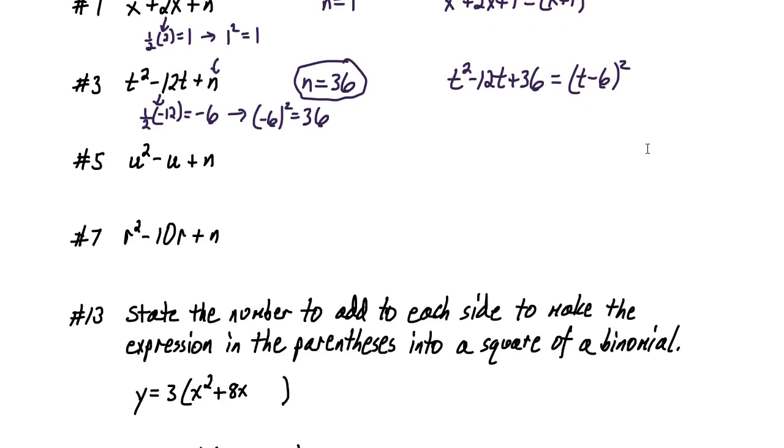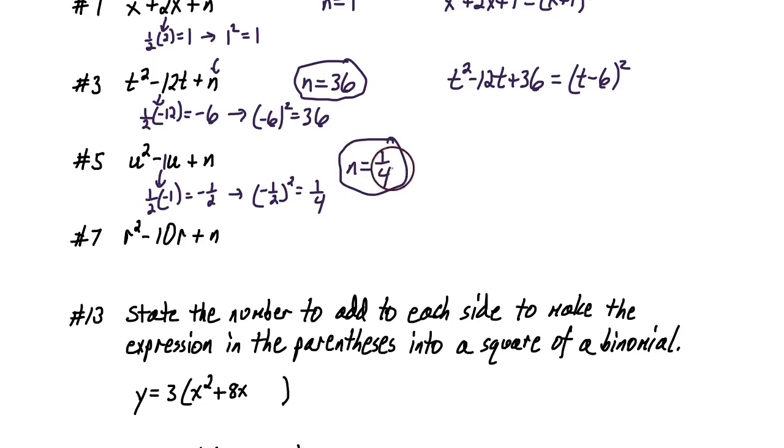Number 5, let's follow our same technique to figure out what the constant term is. Take half of the coefficient of the middle term. So half of negative 1. That makes negative a half. Then square the negative a half. That makes positive 1/4. And that's what the value of n has to be.